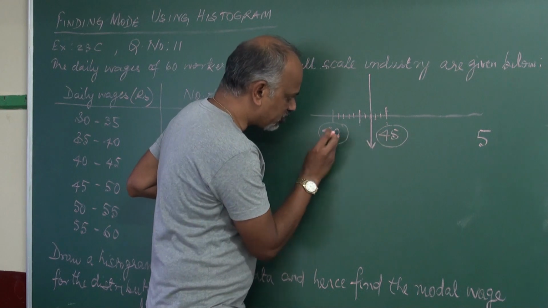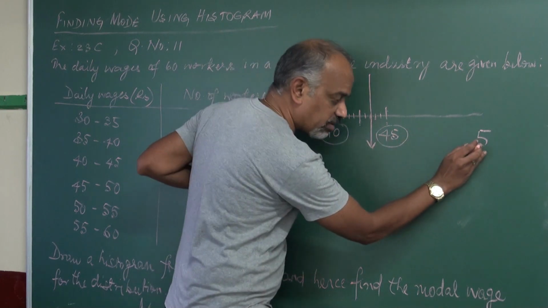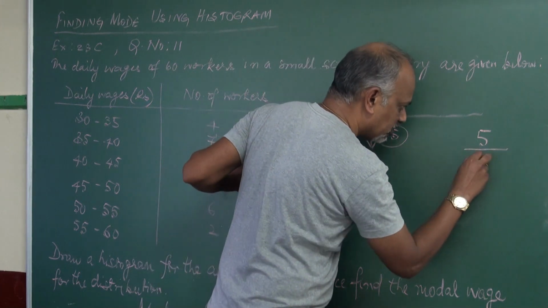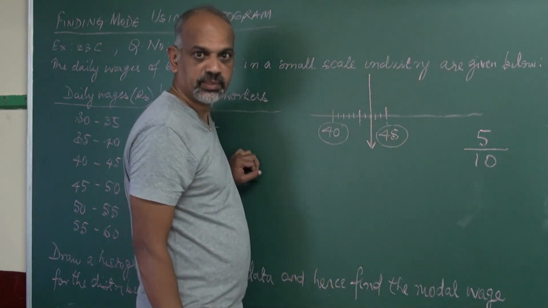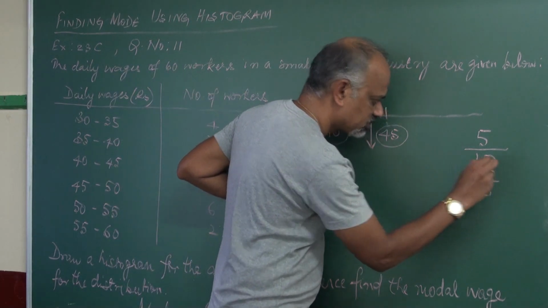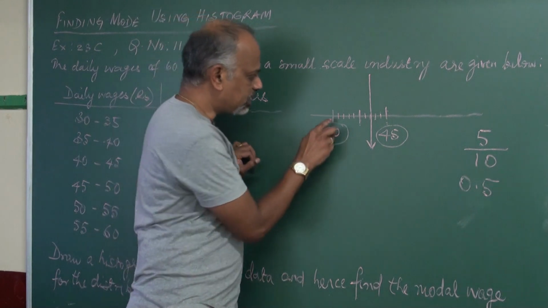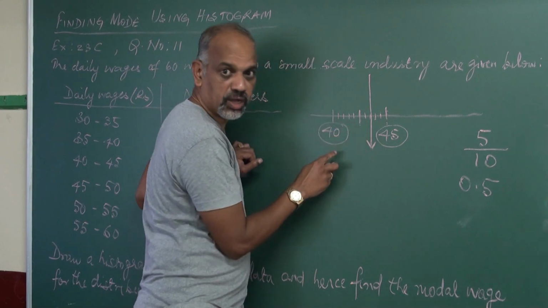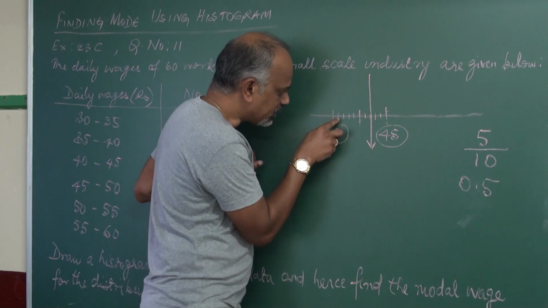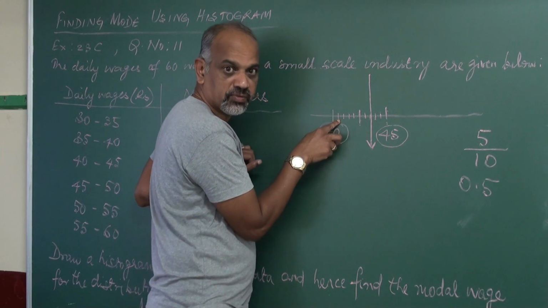So the actual difference between 45 and 40 was 5, and the small divisions that we counted was 10. So divide by 10. So 5 divided by 10 is 0.5, which means each of the small divisions that you saw will add up to 0.5. So if this is 40, the next one is 40.5.